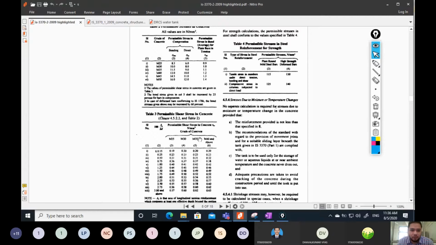So these table 1, 2, 3 are for the permissible stresses in concrete, and table 4 is for the permissible stress in steel. For mild steel subjected to tension, it is 115 MPa, and under compressive stress it is 125 MPa. For high strength HYSD bar, the permissible stress in steel in tension is 130, and steel in compression, permissible stress is 140. You can go through these from the code.